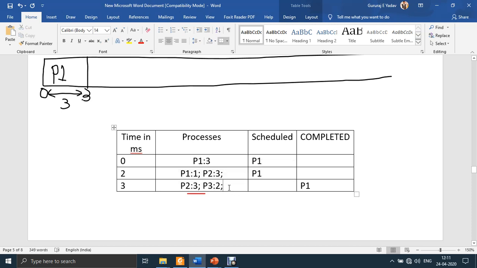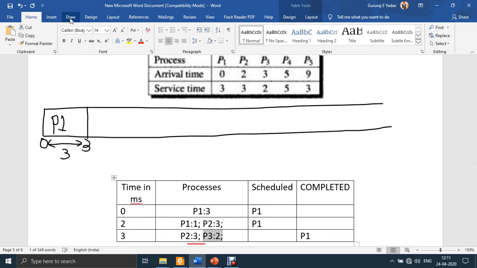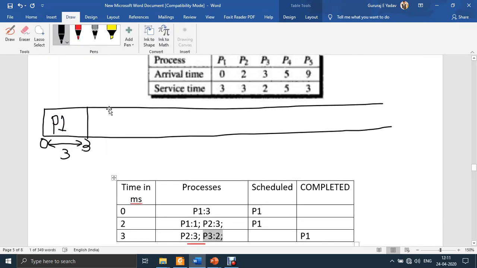P3 has 2, but P2 has 3. So P3 has the least estimated completion time, so P3 will get its chance to execute.